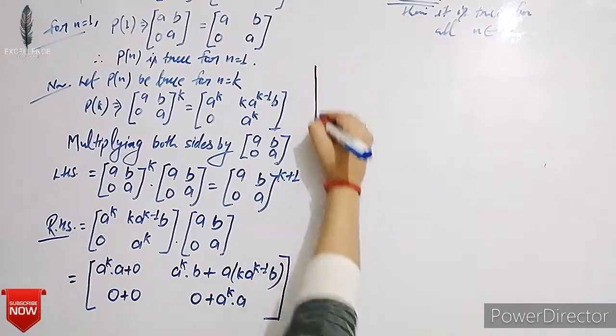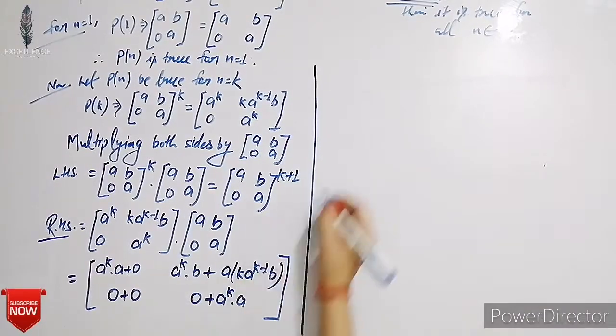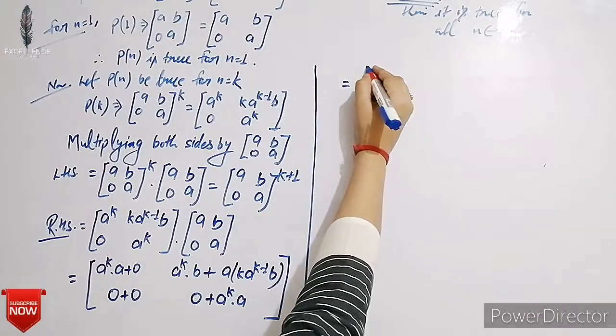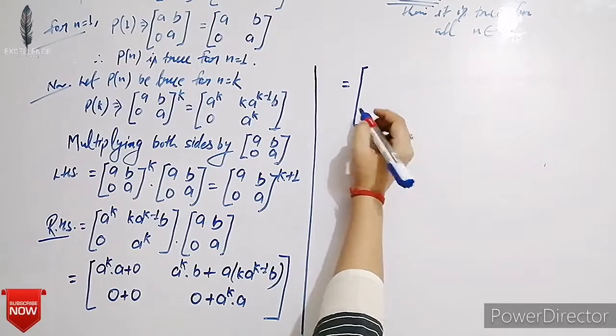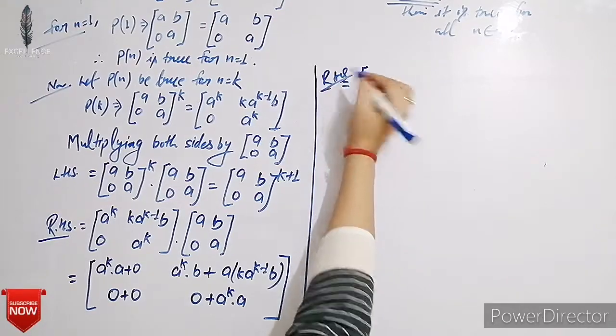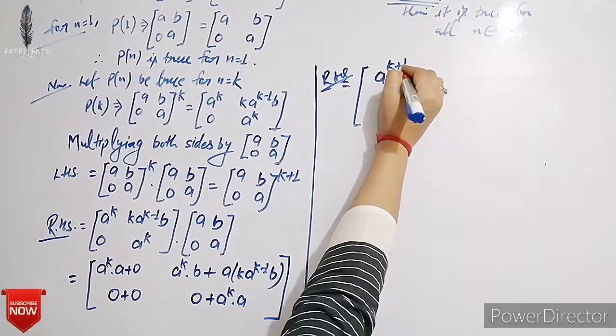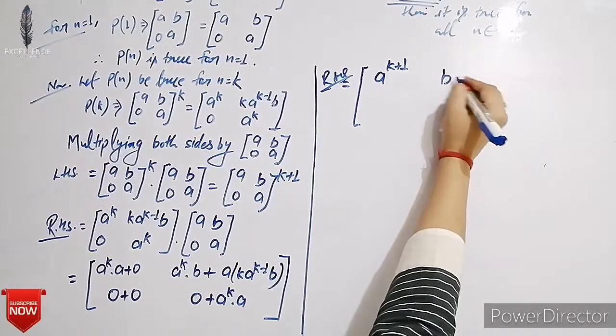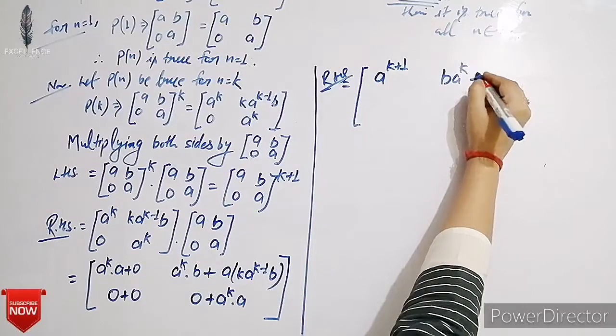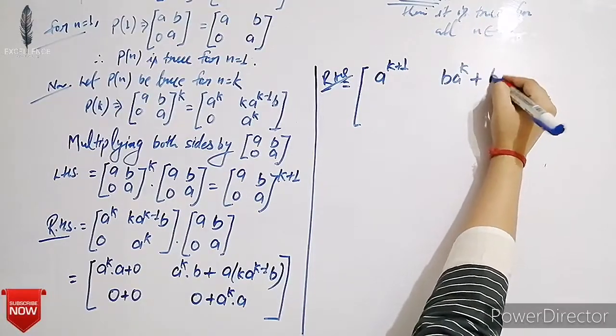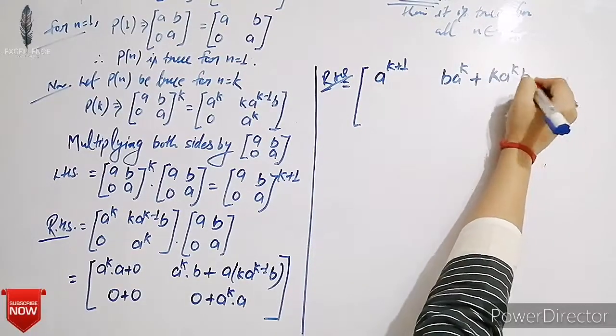Now on simplifying it, we have RHS equals to a^k into a, that is a raised to k plus 1, and second is b a raised to k plus k a raised to k b.